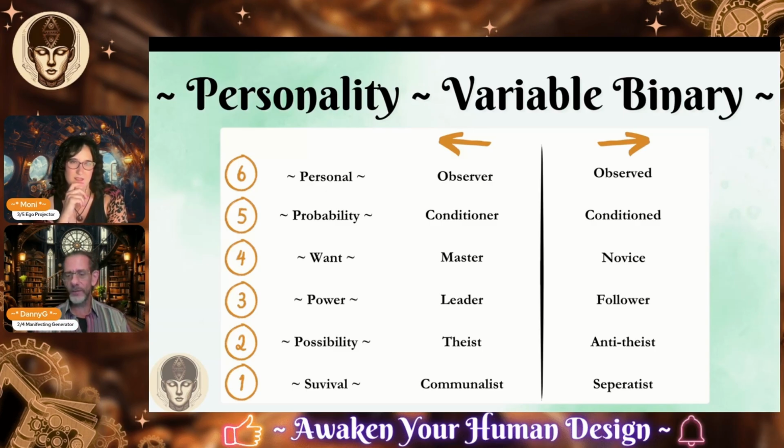I'm always starting at one and then moving to the other. I'm the one that's always being conditioned, because you started off as the conditioner. As a conditioner, because I have a right arrow with probabilities, I start off opposite of that right arrow, which is conditioner, and then I move into conditioned. And if I don't accept that, I'm going to struggle with life.